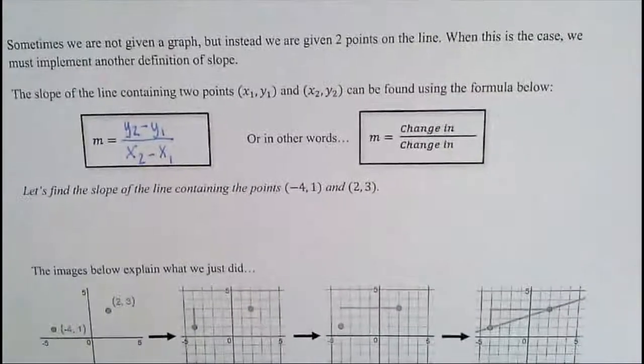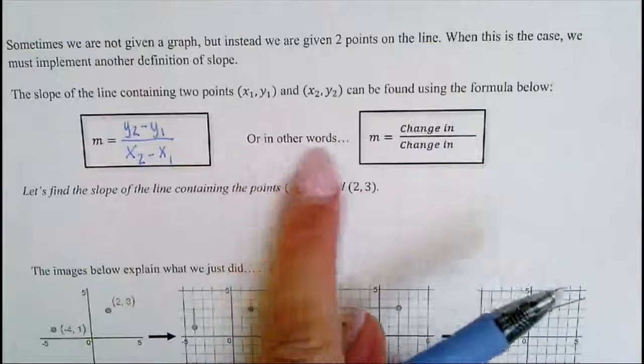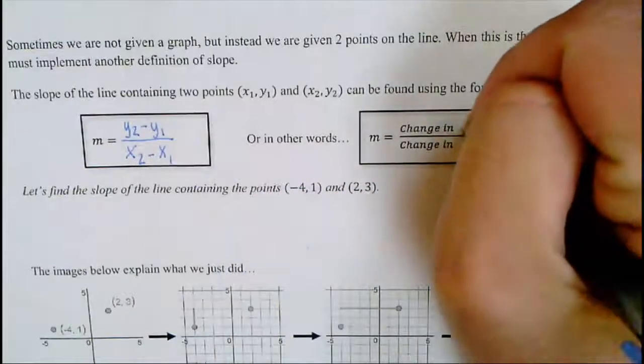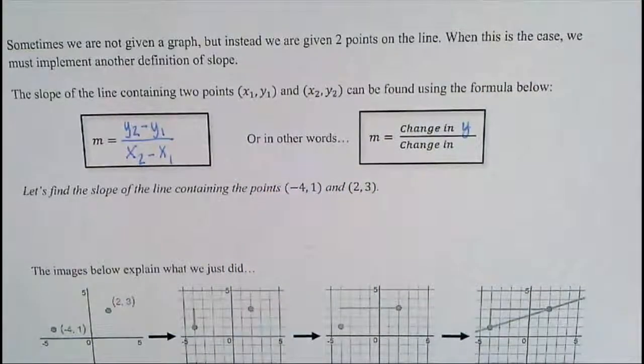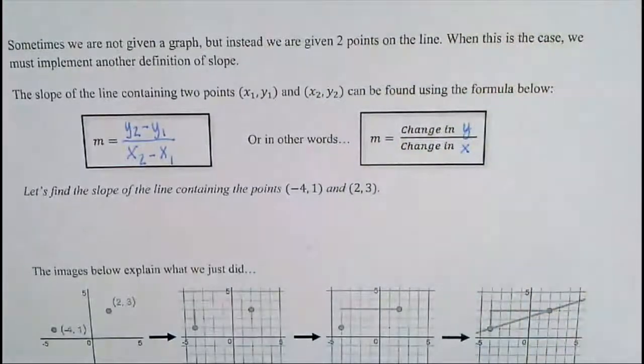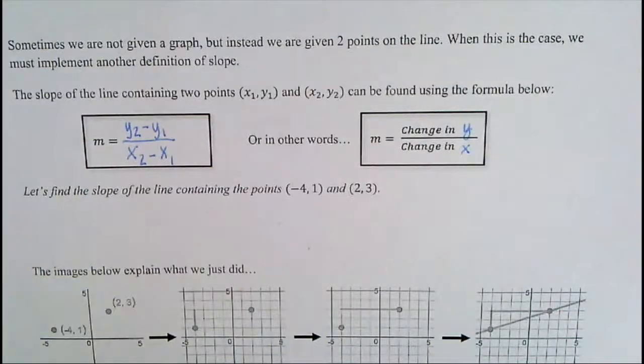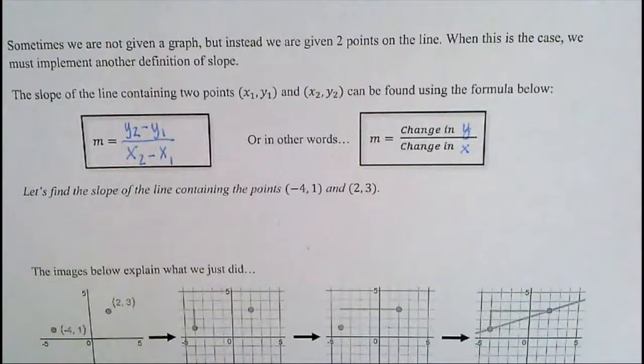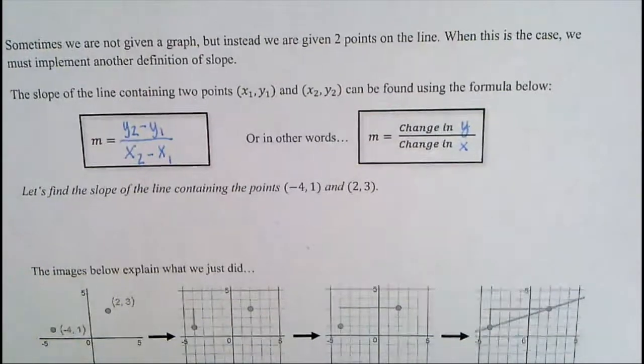That's telling you the change in your y values over the change in your x values. That makes sense because slope is rise over run, so the y value is your rise and your x value is your run. We're going to do one of those examples.